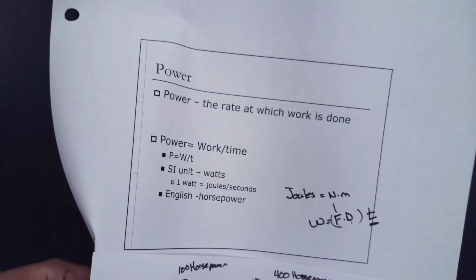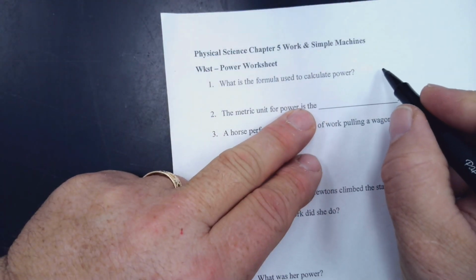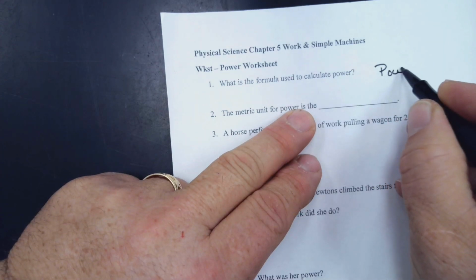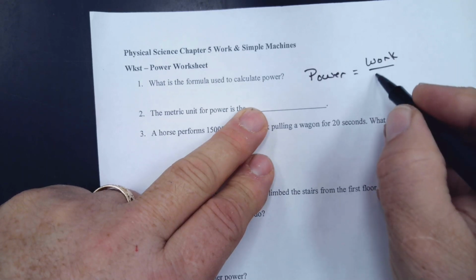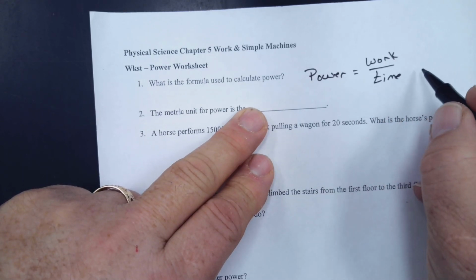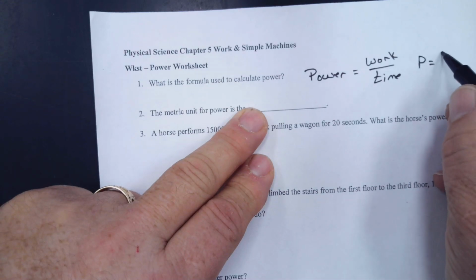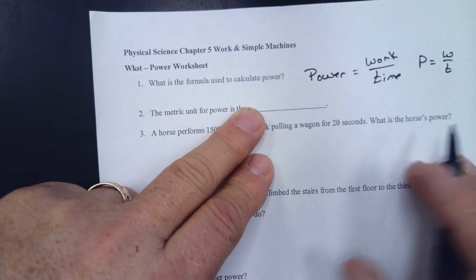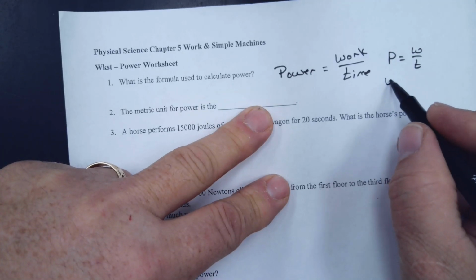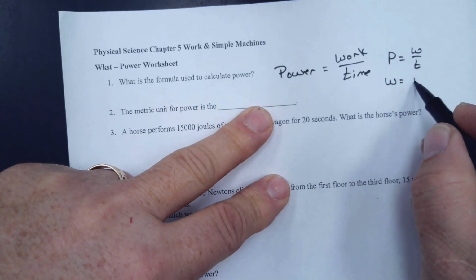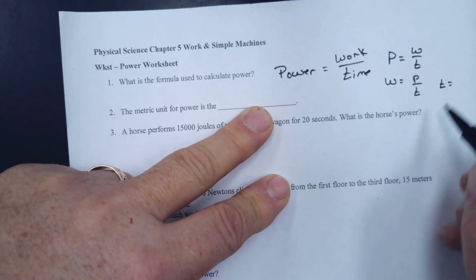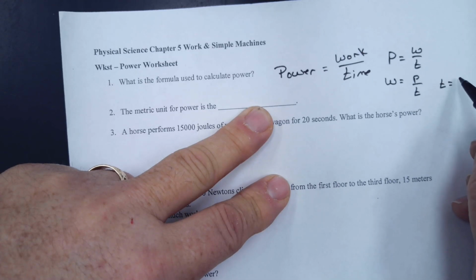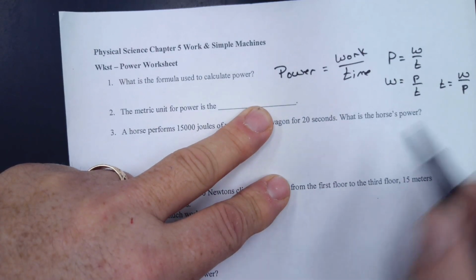So if we go to our homework for today, remember that the formula is power is equal to work divided by time. So that's P equals W divided by T. If we wanted the other formulas, work is equal to power times time, and it could also be time is equal to work divided by power.